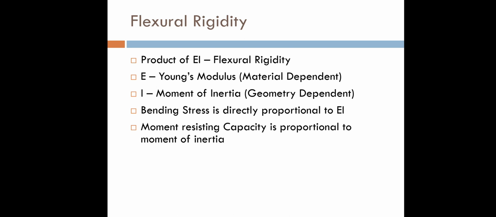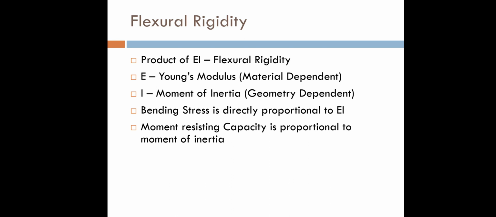One more thing is that E, the Young's modulus, is always material dependent, and I, the moment of inertia, is always geometry dependent. Whether the cross section is rectangle, circular, or square, the moment of inertia depends on that, and Young's modulus depends on the material, whether it is mild steel, copper, brass, or aluminium.